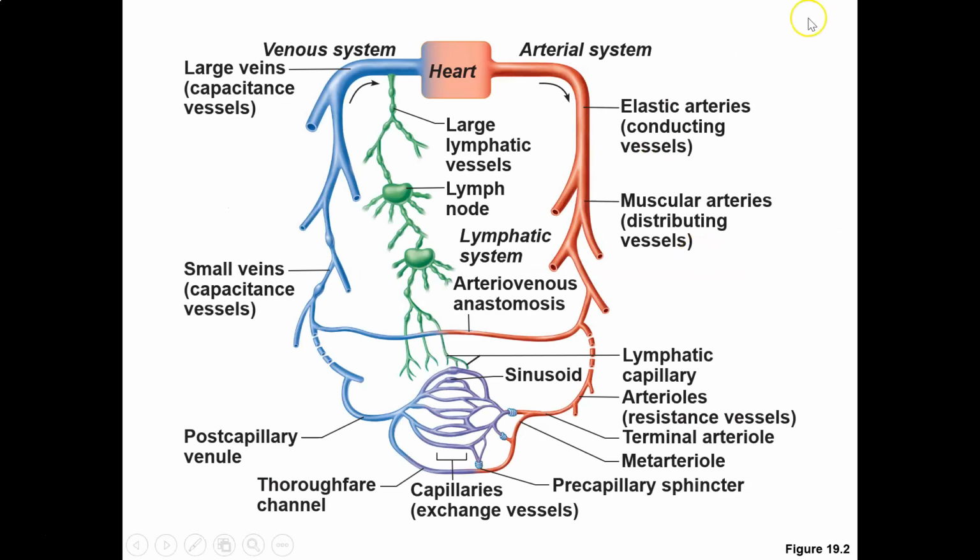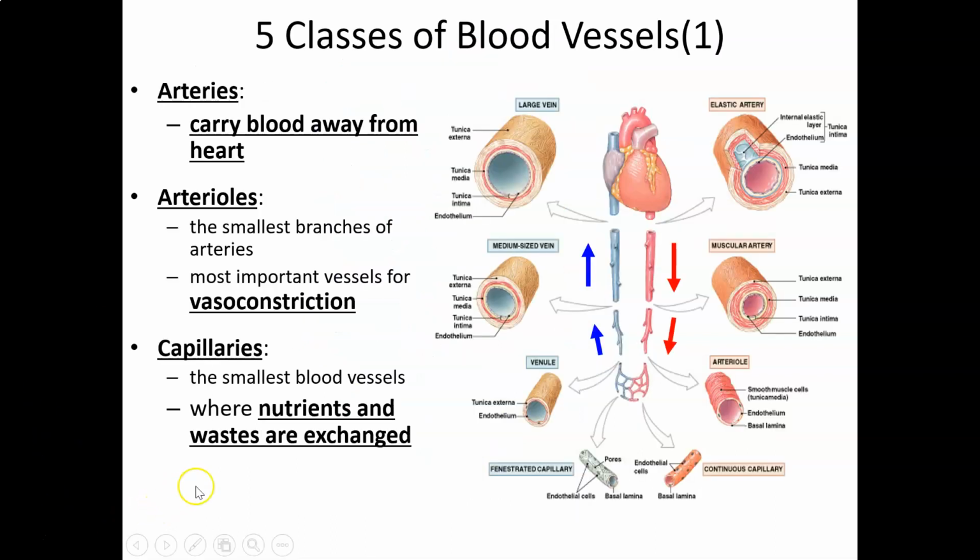Here we have this nice little chart. We have the heart, which in this figure does not look like a heart, arteries in red, capillaries here in purplish blue. Now, notice in green you have your lymphatics, a one-way system that drains that excess fluid, which we talked about previously.